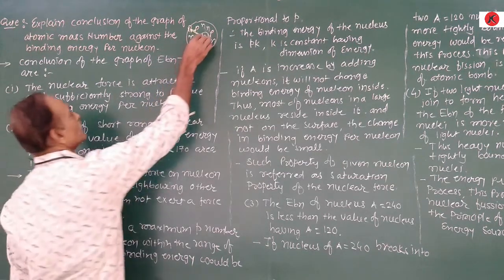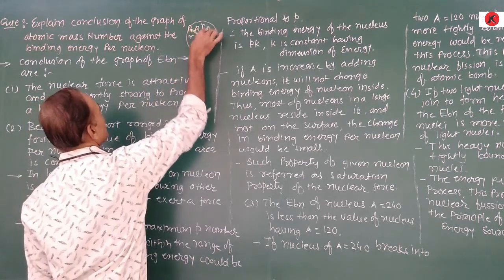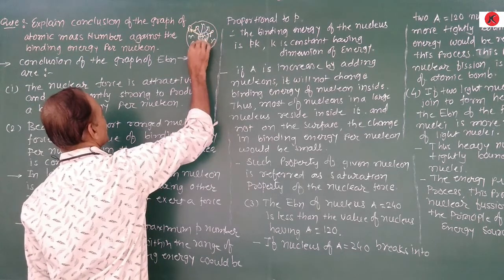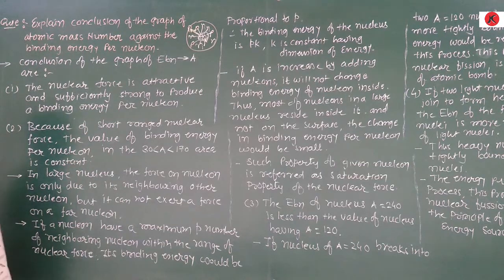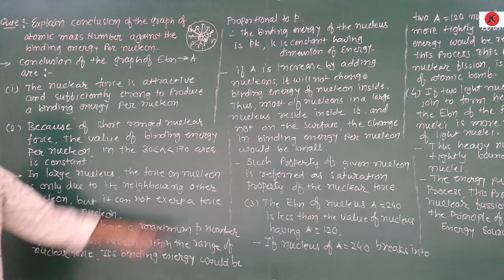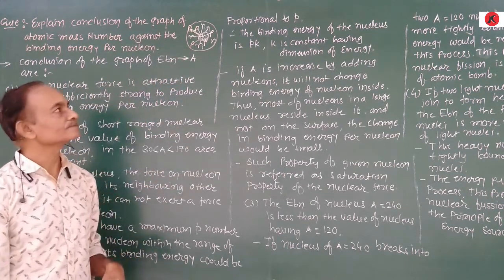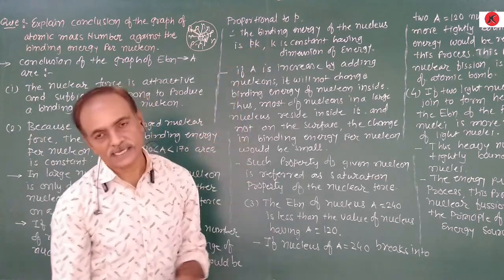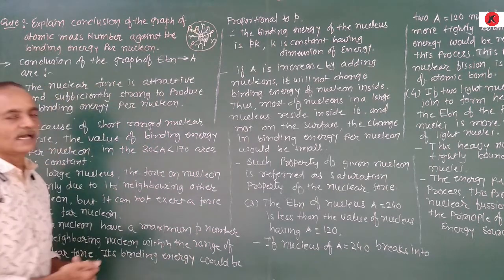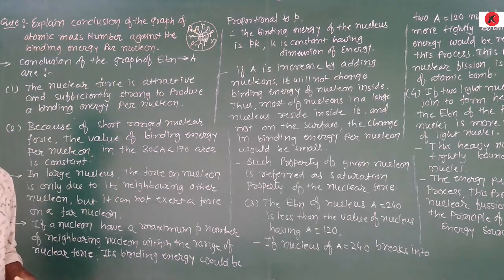If a nucleon has a maximum number of neighboring nucleons P, the binding energy would be proportional to P, and the binding energy of the nucleus is Pk, where K is a constant having the dimension of energy.